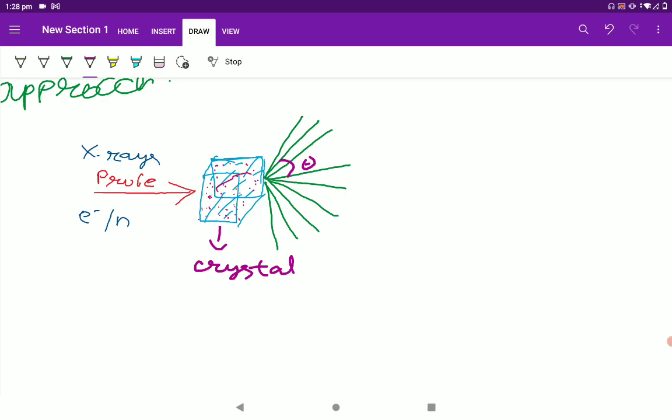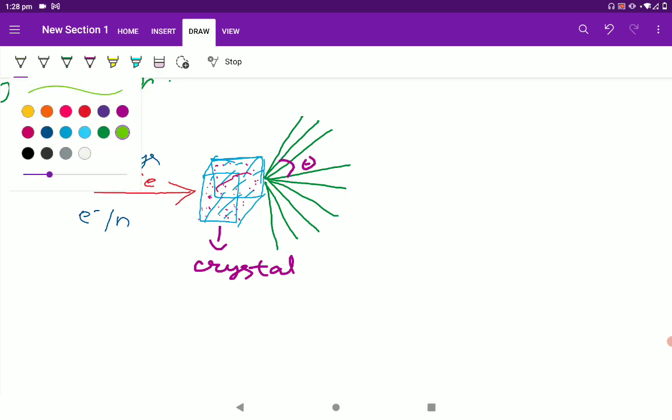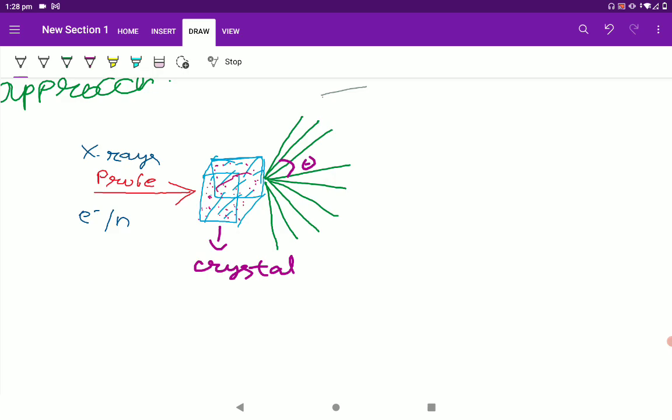So basically we have a detector, which is able to measure the intensity of the X-rays, of the wave.